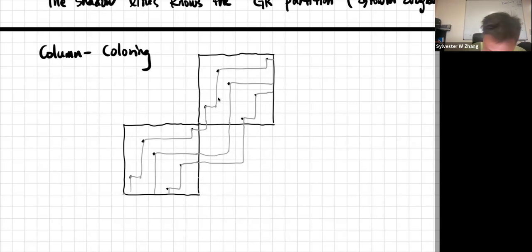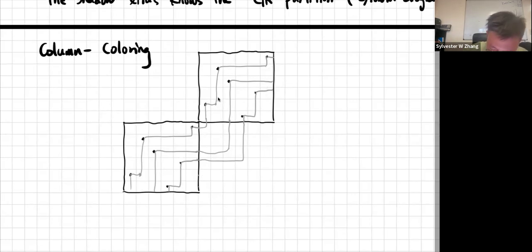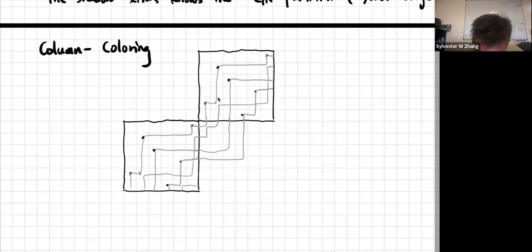Okay, so that's the first step. And then this is the second step. Okay. At this point, I'm already done what should have happened in each of those two boxes. And then this should be the next shadow line.